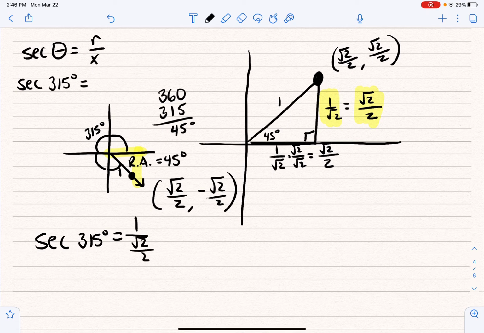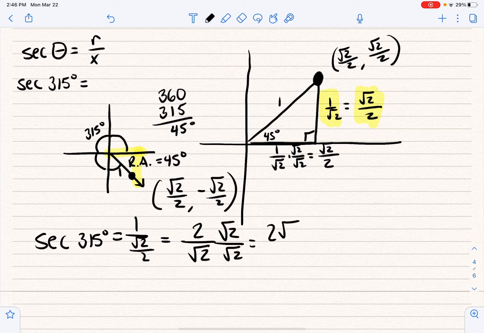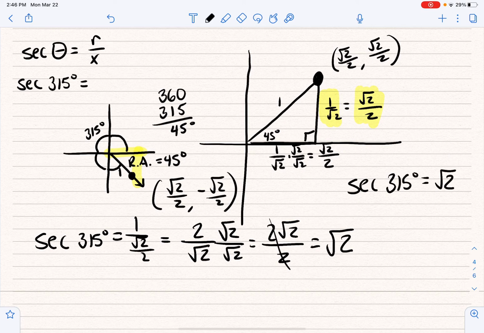And when you divide by fractions, you flip and multiply, so that would be the same thing as 2 over the square root of 2. Okay, the secant of 315 is 2 divided by the square root of 2. Again, we should think about rationalizing the denominator. If we do that, we get 2 times the square root of 2 over 2. These cancel out, and we just get square root of 2. So in final, the secant of 315 is square root of 2.